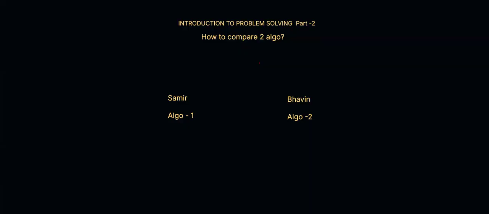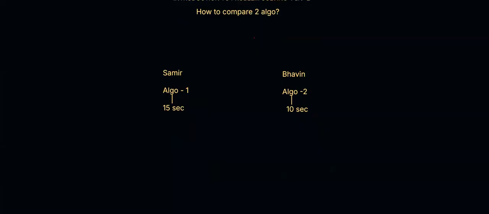Samir's algo took around 15 seconds and Bhavin's algo took around 10 seconds. So now which algo is better? Can anyone guess who wins? Bhavin wins, right? Because Bhavin's algo took only 10 seconds.